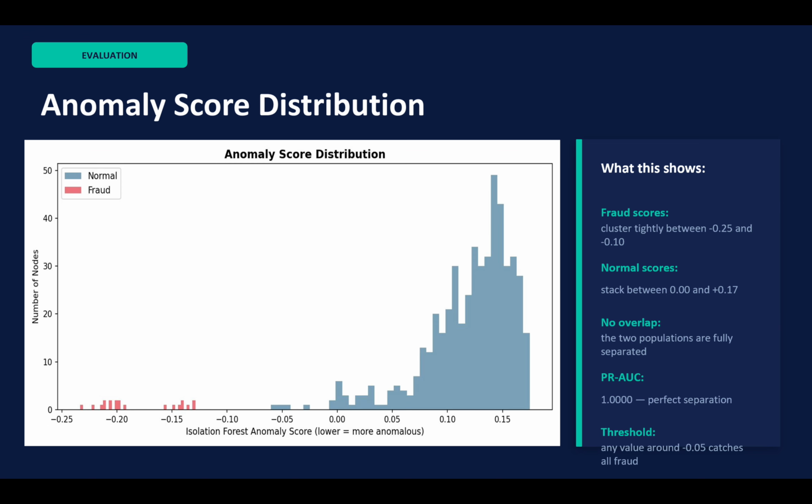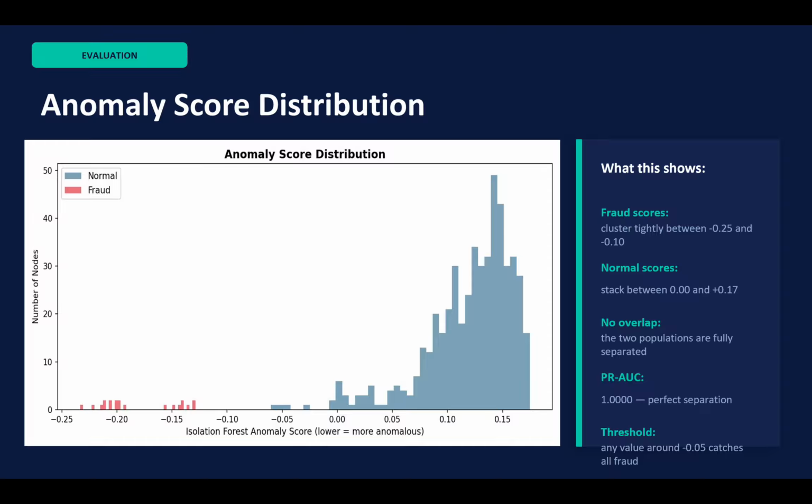So now we get to the anomaly scores. This histogram is probably the cleanest. The red bars are fraud. They cluster on the left side of the chart between -0.5 and -0.10. Blue bars are normal nodes. They pile up on the right between 0 and positive 0.17.